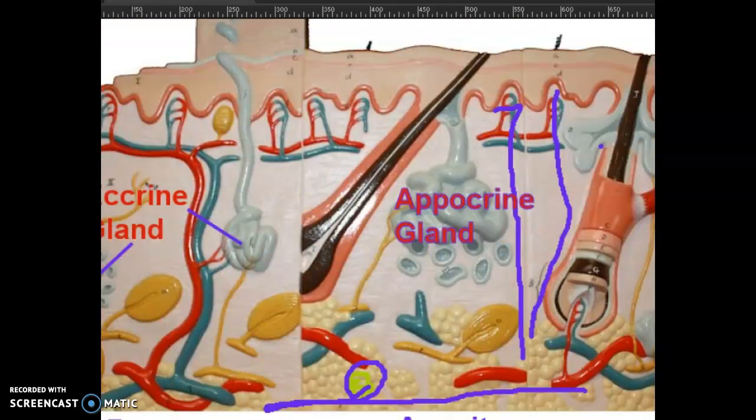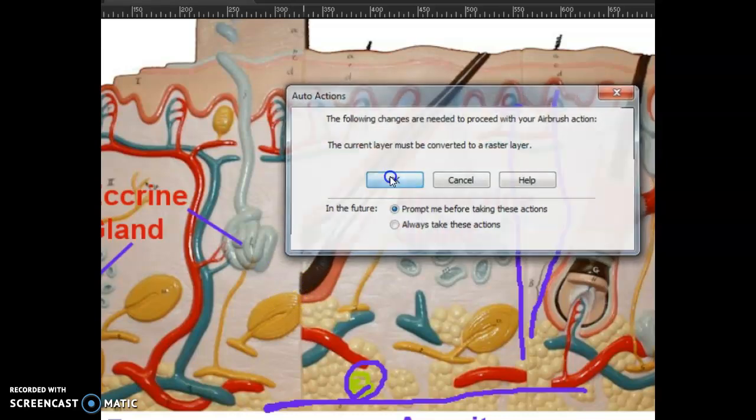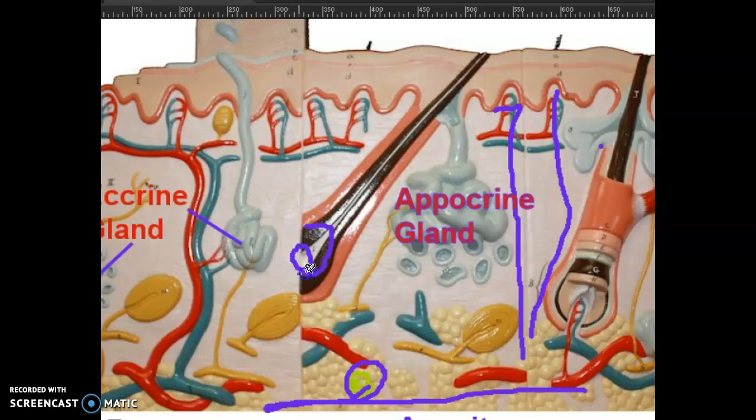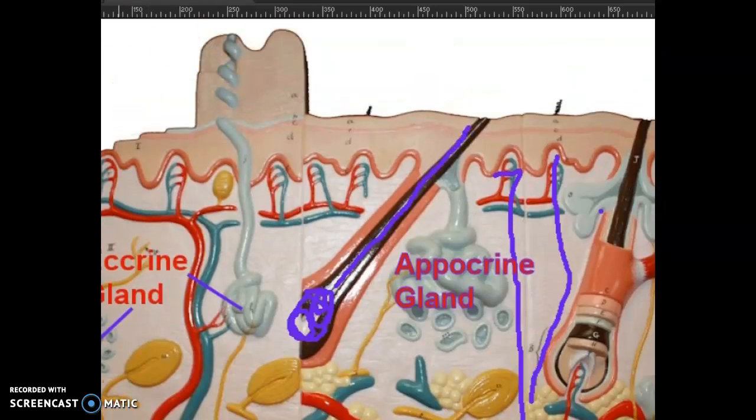We also have our hair follicle. Here we have the bulb. We have the bulb right there. We have the root. That's below the surface. And when I took this picture, it was in a dark cabinet, so the shaft, what sticks out, you can't really see. So the shafts would be sticking out like this.